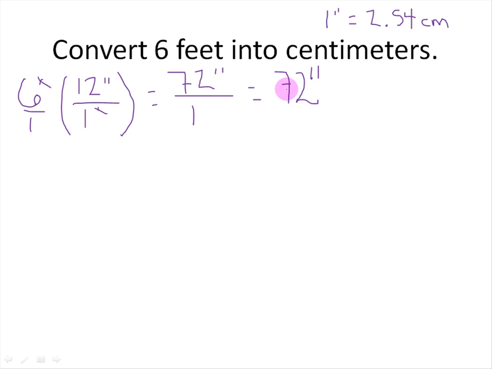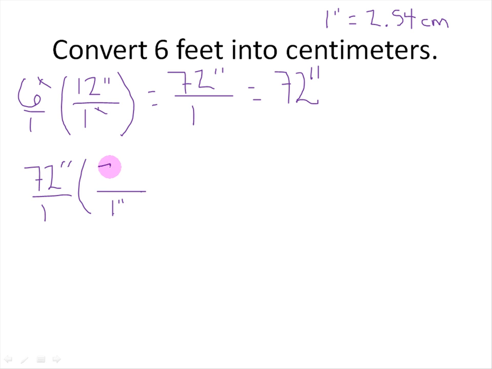Now we need to convert 72 inches into centimeters. So we have 72 inches. I can just call that a fraction there. And we can multiply that times 1. And we want inches on the bottom here so that we can cancel them.